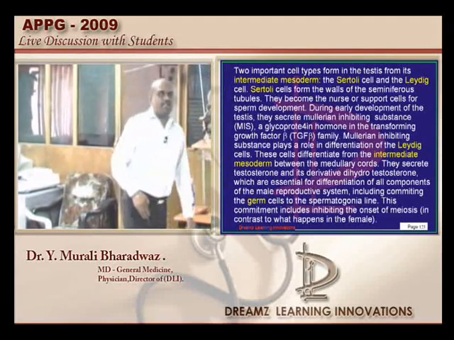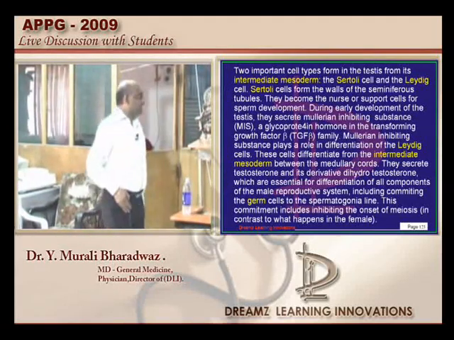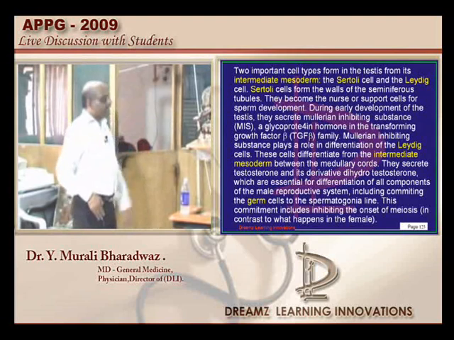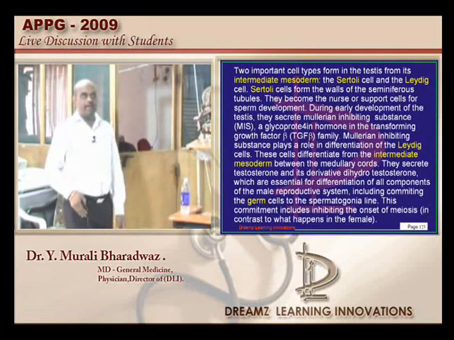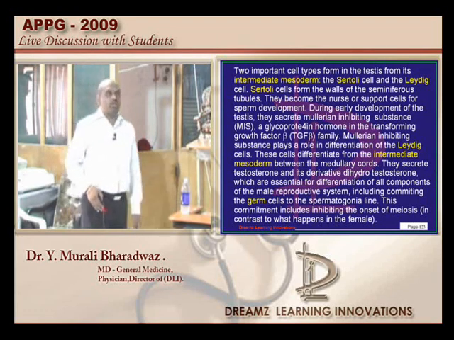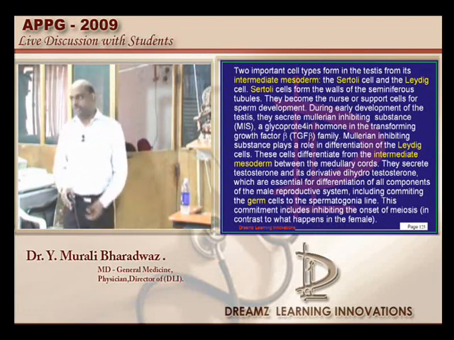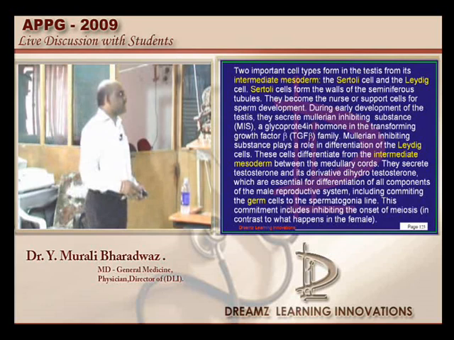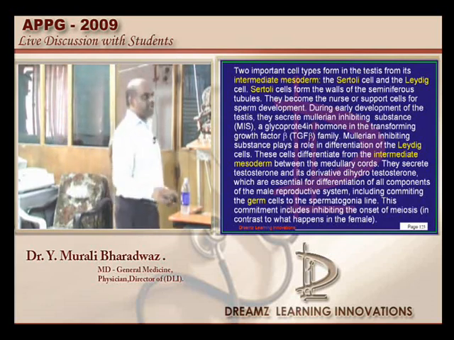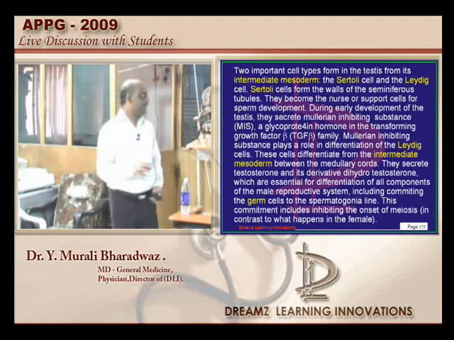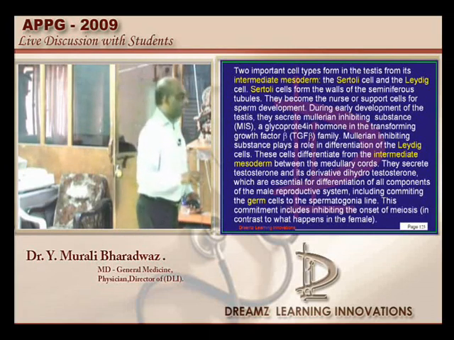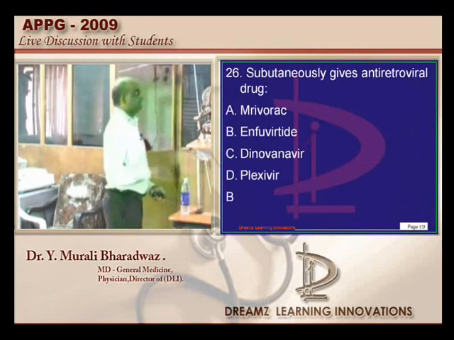Similarly, in the differentiation of the ovary, the follicular cells are the derivatives of the intermediate mesoderm, but the oogonia are the derivatives of the yolk sac. So that is the fundamental difference. In summary, Leydig cells, Sertoli cells, follicular cells of the ovary are all derivatives of the intermediate mesoderm, but not the germ cells, which becomes the answer for this question.